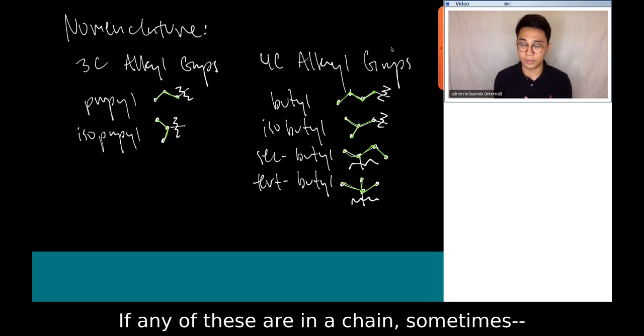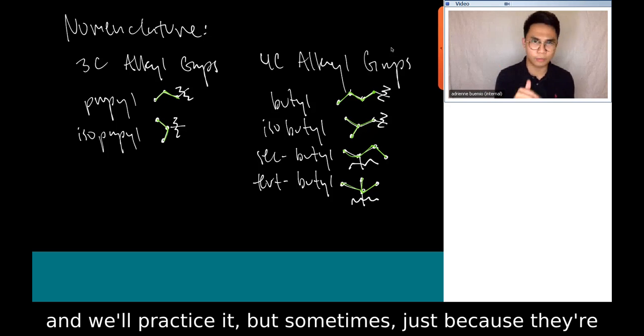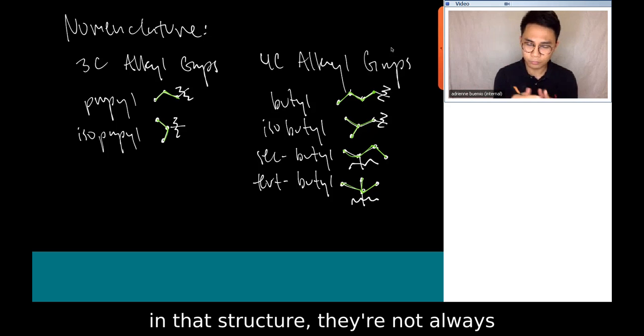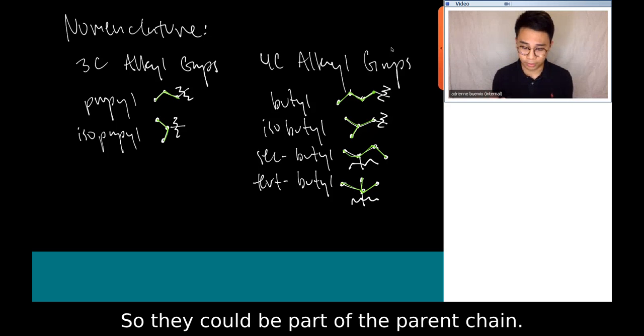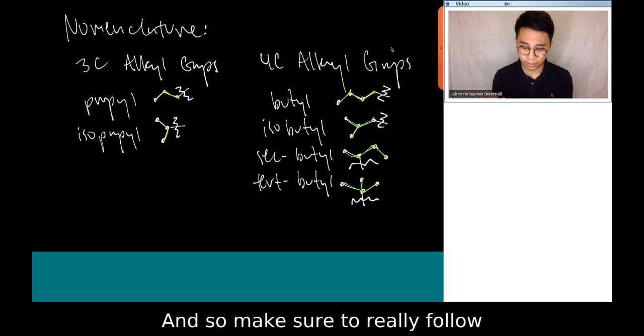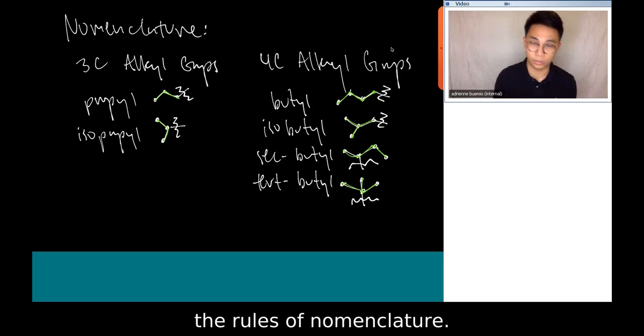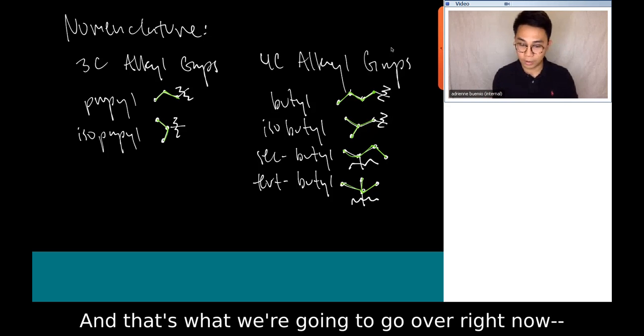If any of these are in a chain, and we'll practice it, sometimes just because they're in a structure, they're not always going to be the substituent. They could be part of the parent chain, so make sure to really follow the rules of nomenclature, and that's what we're going to go over right now.